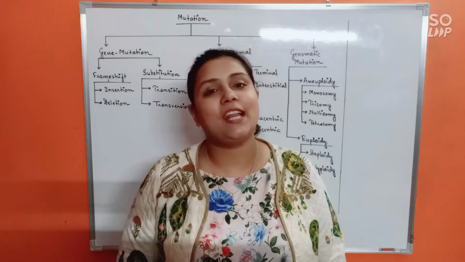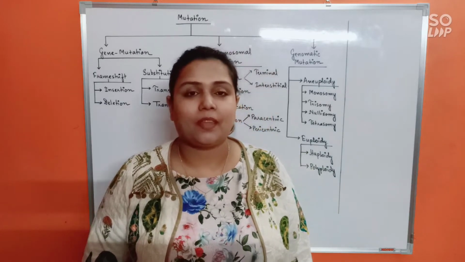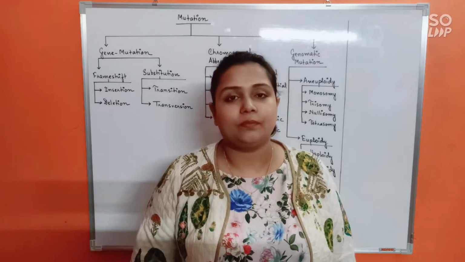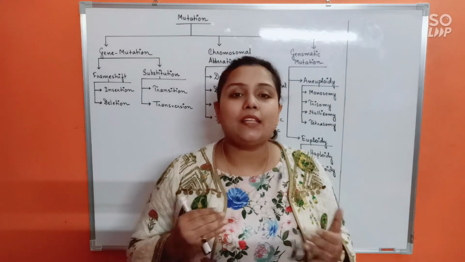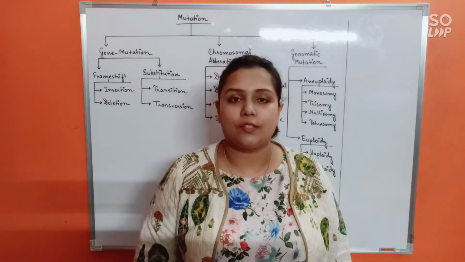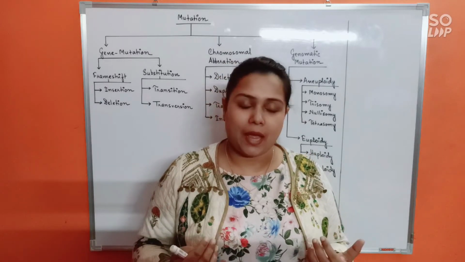Next class. In today's class, we are going to discuss a very important topic, that is mutation. Now, what is mutation? Mutation is nothing but a sudden change in the genotype of an organism. It can be brought about slowly in a natural manner.